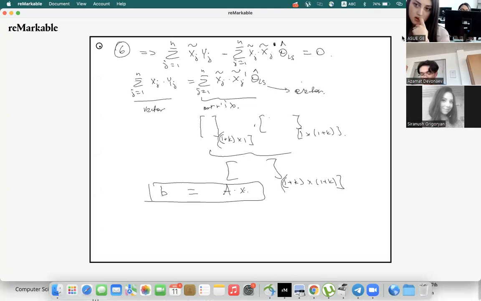So how would you solve this, beta equal to AX? It's easy. You can just do it like this and add here the same thing. This thing will give you identity.